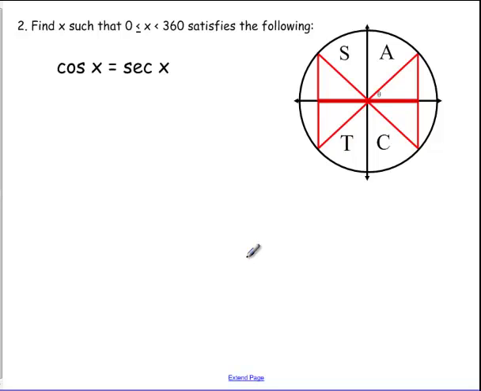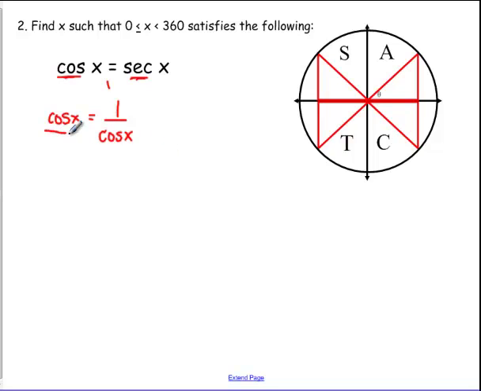Let's try one more. Okay, I've got two trig functions that aren't the same, so I'm going to make a substitution. And I'm going to make the substitution every time I see a secant. I'm going to put in 1 over cosine x.